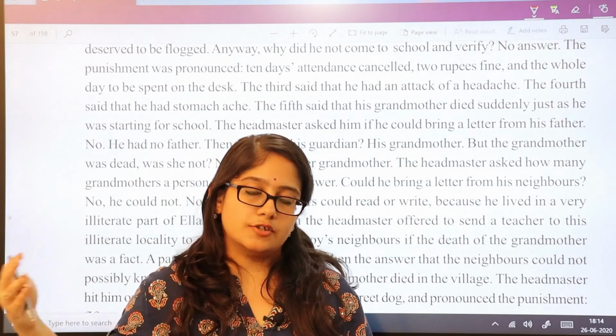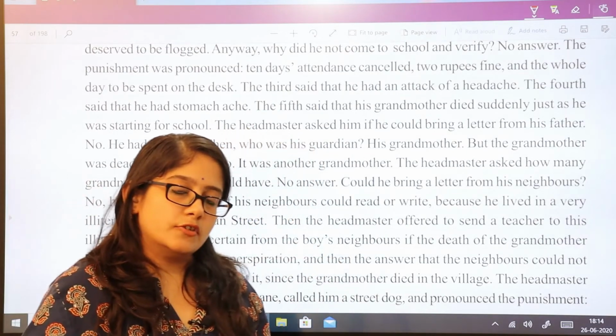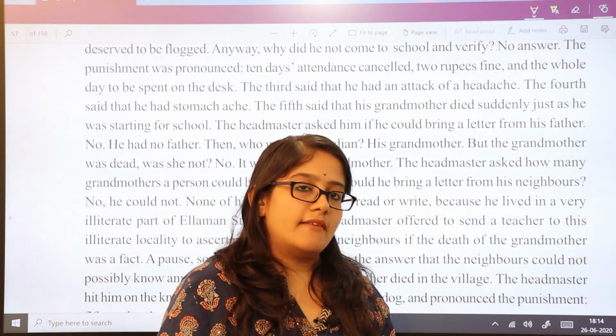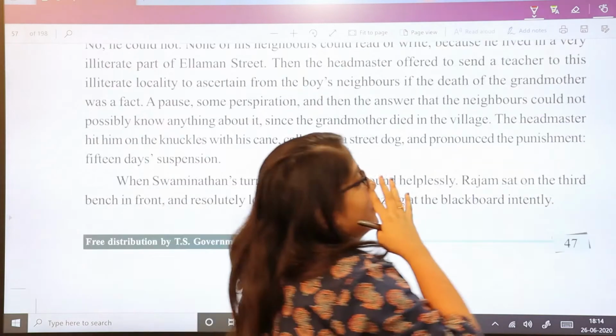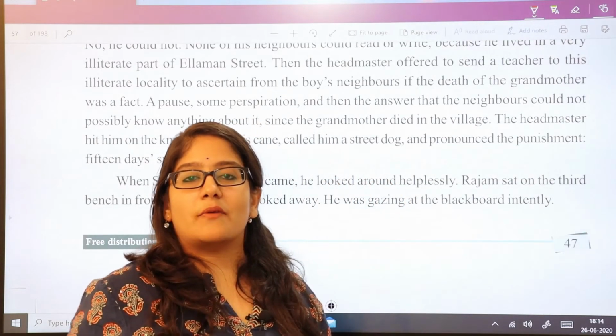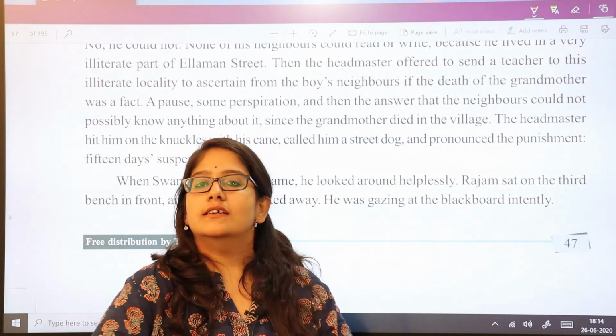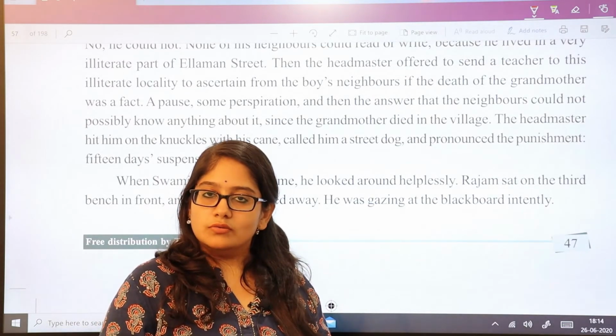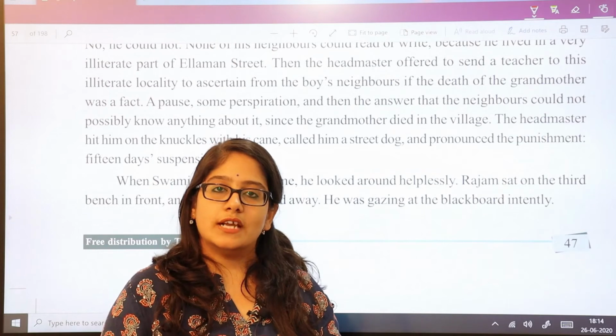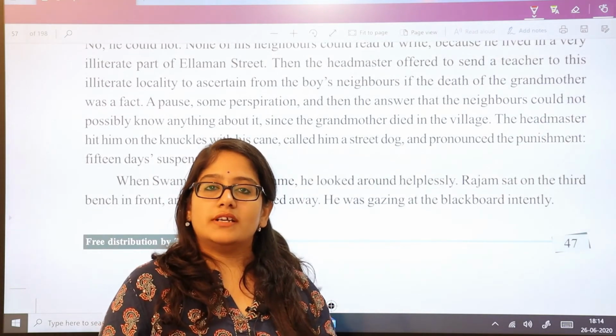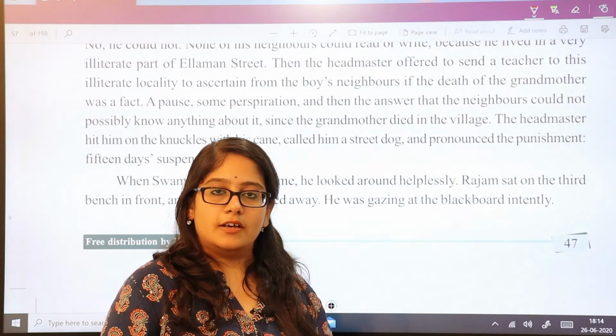It happened in the village. Grandmother died in a village. So the neighbors will not have any idea of this death. You look at the excuses these children are providing. Why do you think they are giving such excuses? Because these were the children who did not want to attend the classes regularly. They always wanted an excuse to skip going to school.